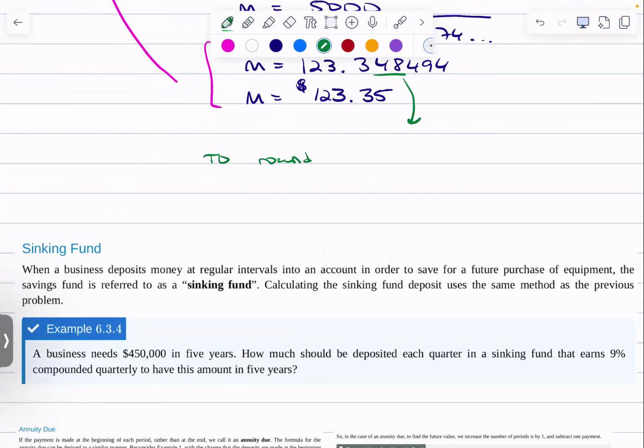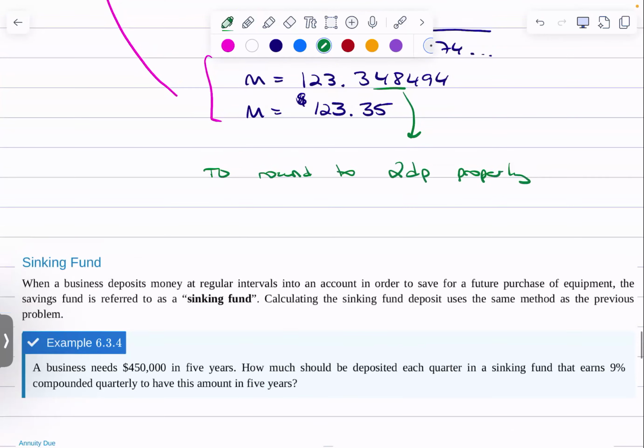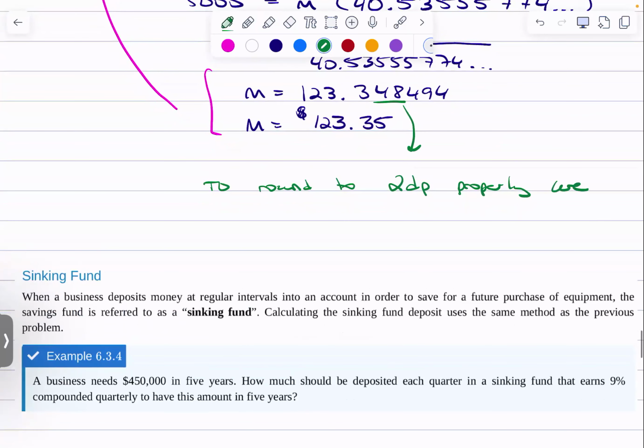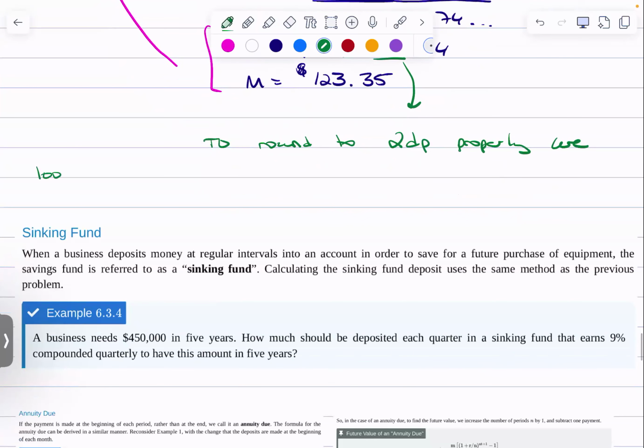To round to 2 decimal places properly, we look at the second decimal place, or maybe I should say the third decimal place.